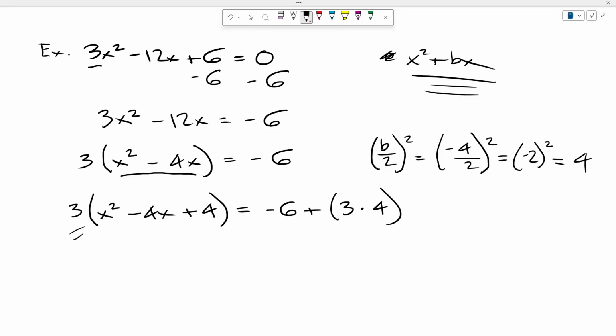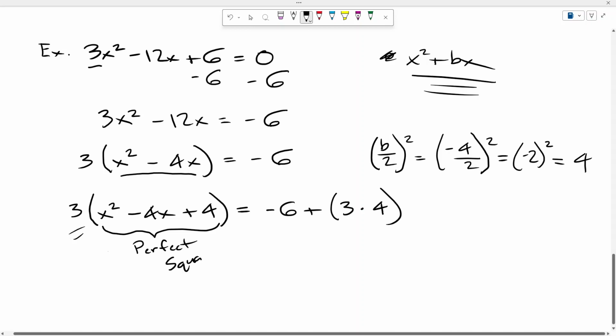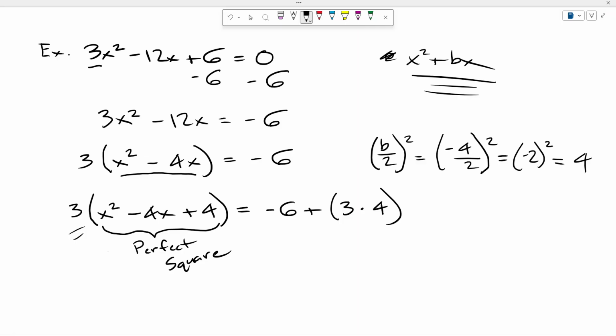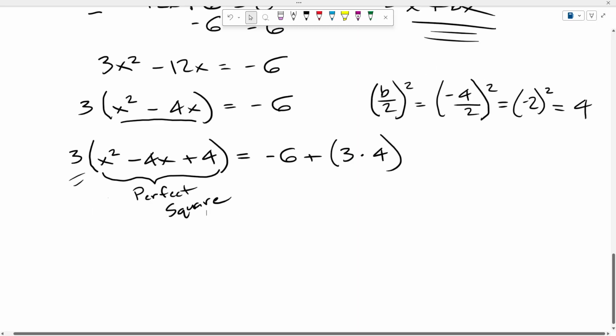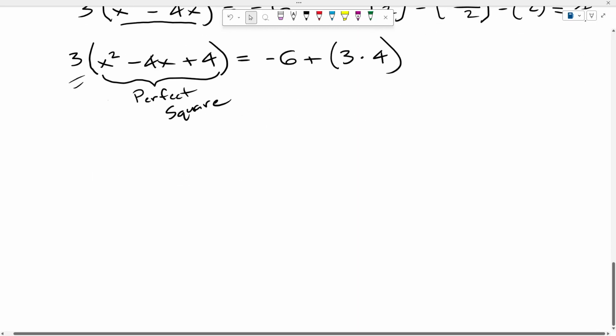So we'd actually have, and this of course is our perfect square, so we can simplify that. So we'll get that simplified.